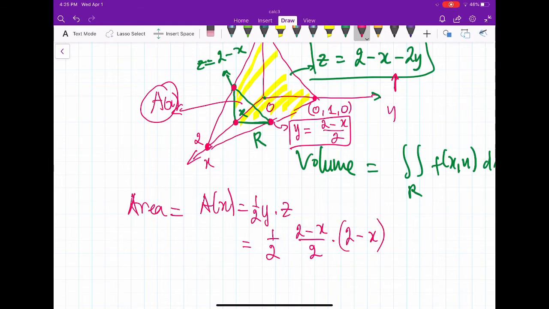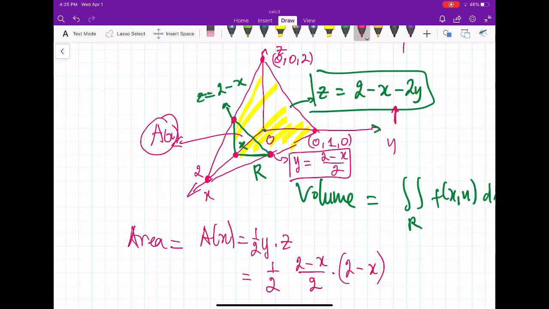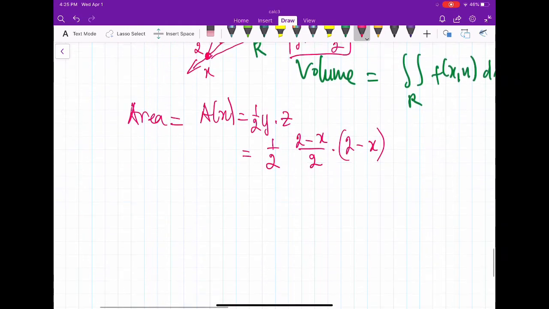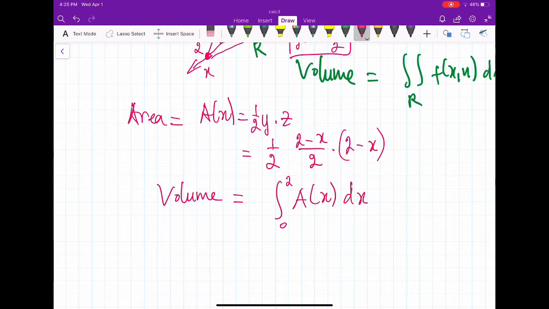And then how to find the volume? In order to find the volume, I just move this triangle along the x-axis. So I move along the x-axis, and x goes from 0 to 2. So basically, using this idea, we can find the volume equal to integral from 0 to 2 of A(x) dx.